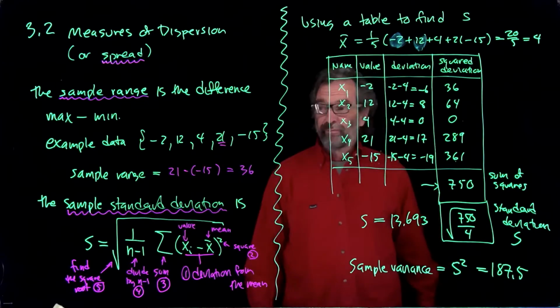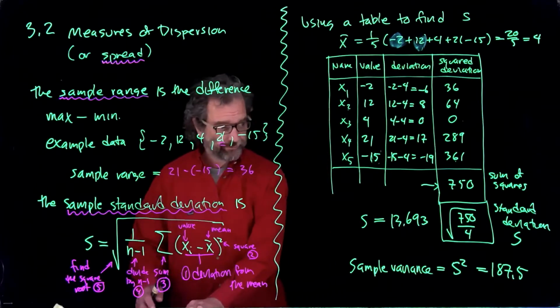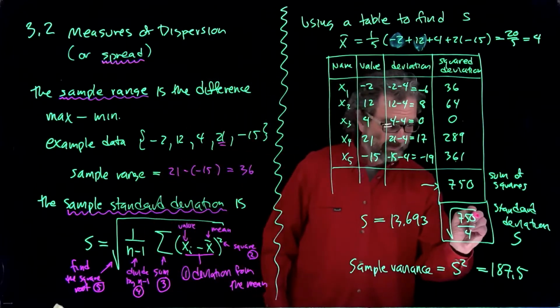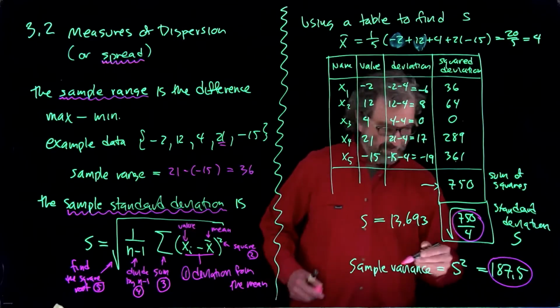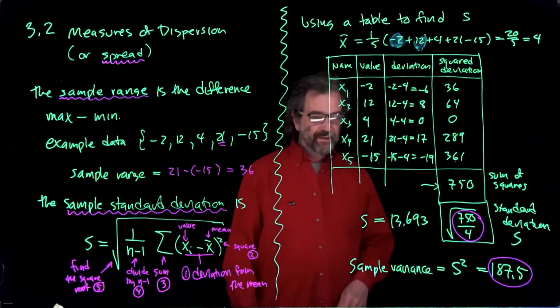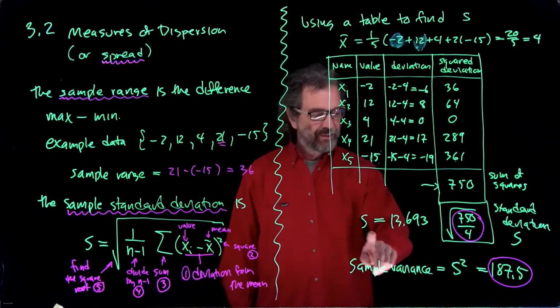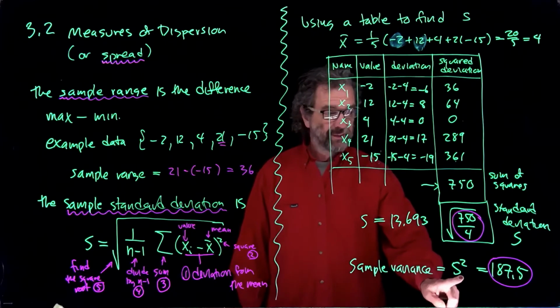Makes sense to me. So this is the value just before you hit the square root on your calculator. That's the variance. S is the notation for standard deviation. There's no special notation for variance. Sometimes people use V, but ordinarily they just write down S squared because that's what it is.